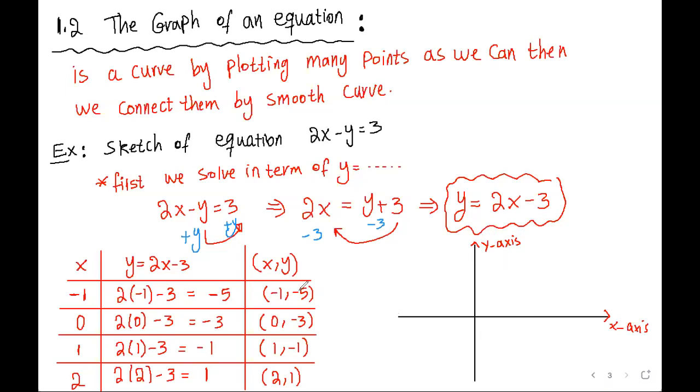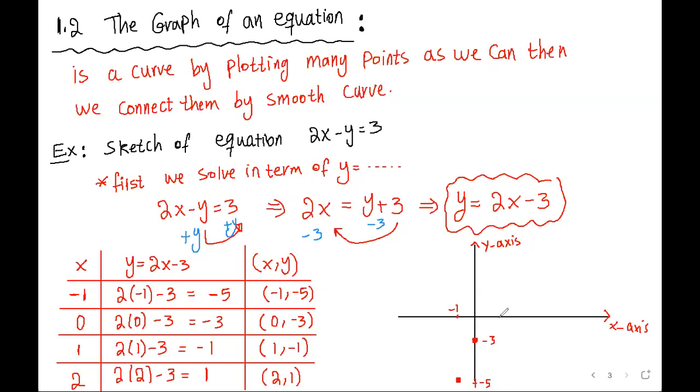So I have minus 1 and minus 5. It's going to be like here. 0 and minus 3, here is 0 and minus 3. 1 and minus 1, here I have 1 and minus 1, like around here.